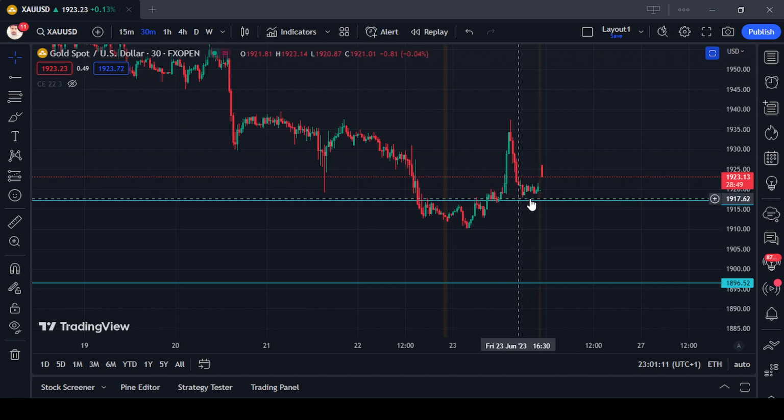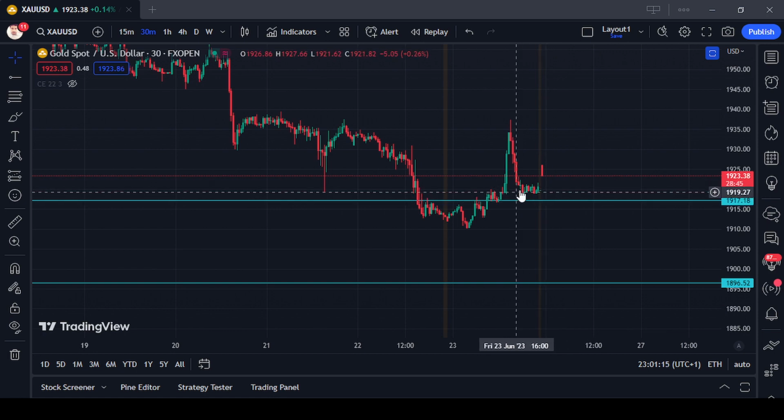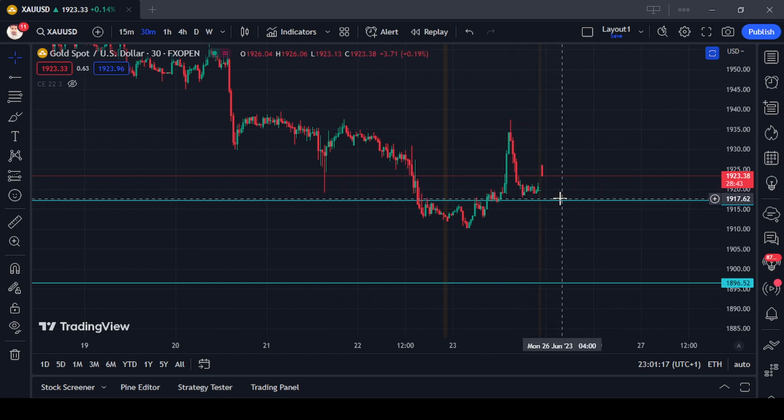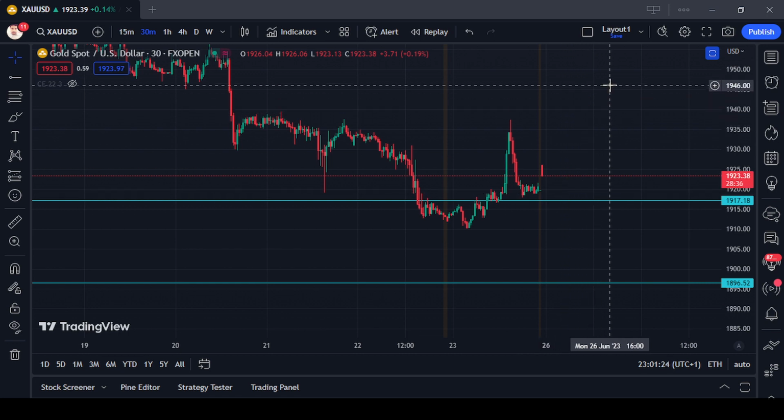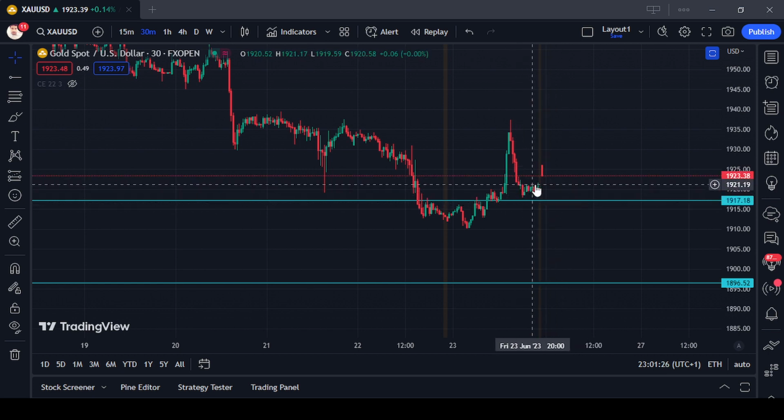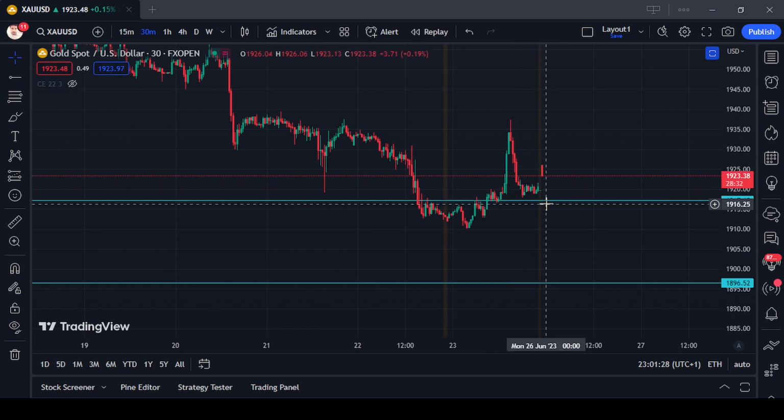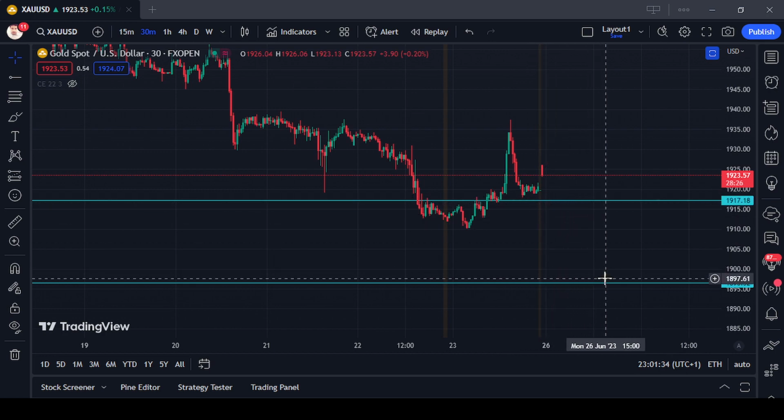So what I can predict from here is that if the gold keeps or maintains its position at this position, then it can possibly move up. But if gold tries to break this area and then retest it, then we can predict it can possibly go further down.